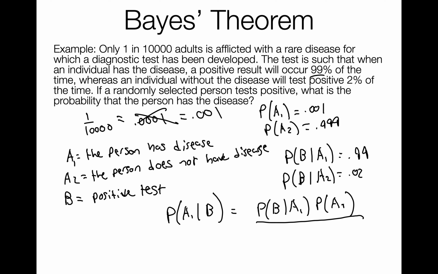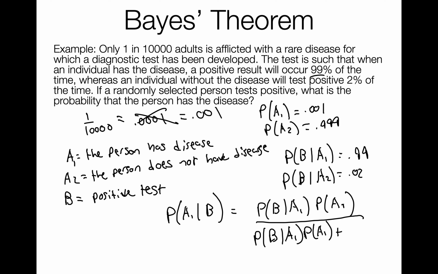And so by the law of total probability, that is the probability that B happens given A1 times the probability of A1, so exactly what was on the top. But then I have to say plus the probability that B happens given A2 times the probability of A2. Okay, that's an A2 at the end there.